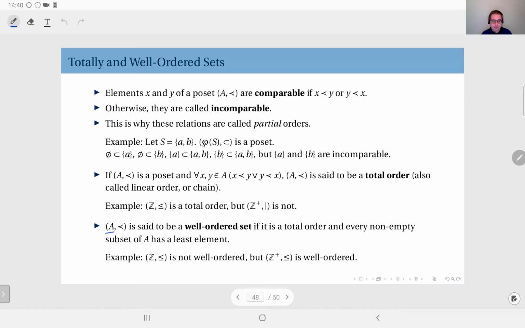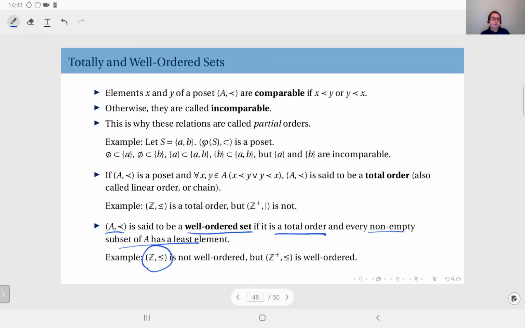Now this poset is said to be a well-ordered set. Okay, remember this name, well-ordered. If it's a total order and every non-empty subset of A has the least element. For instance, this now is not well-ordered because, for instance, take any subset that goes to negative infinity.